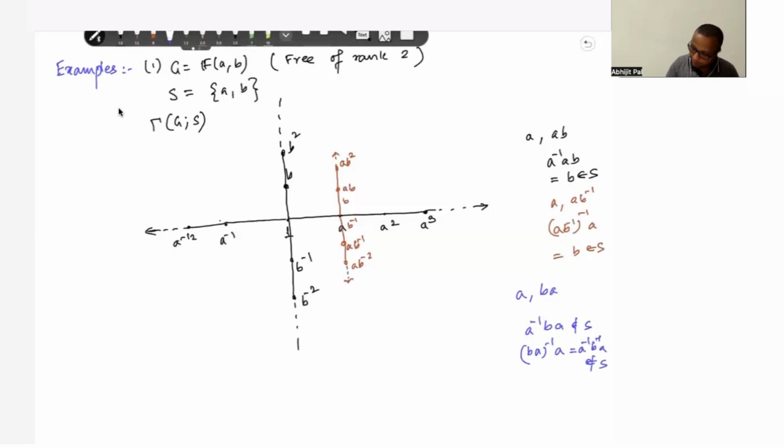But if I take these two words, B and BA, so B inverse BA is equal to A, it belongs to S. So there will exist an H between B and BA.